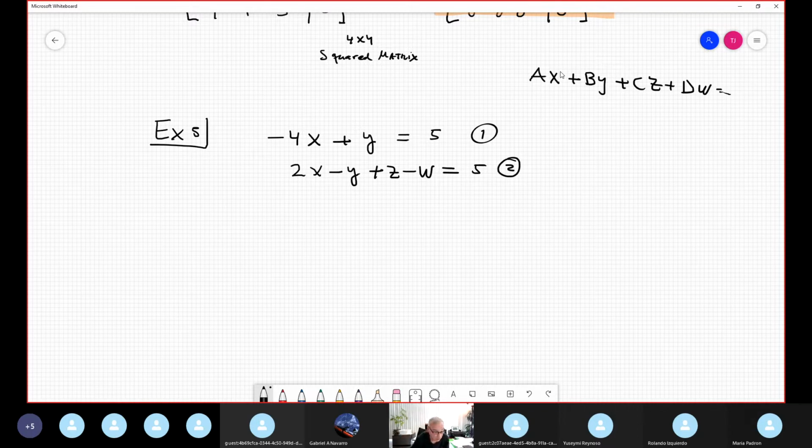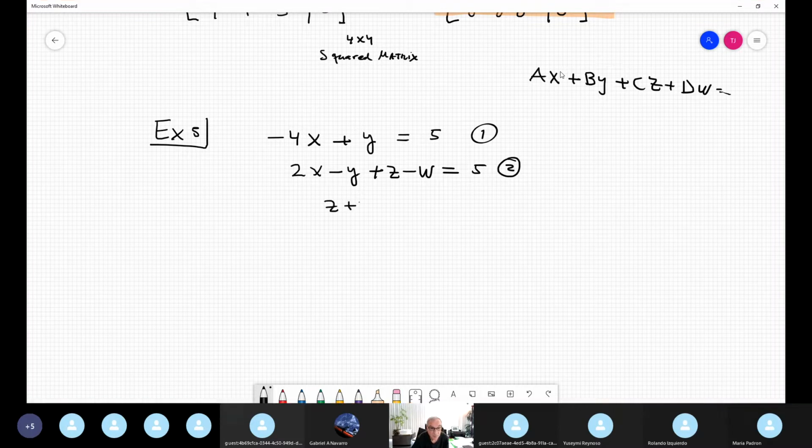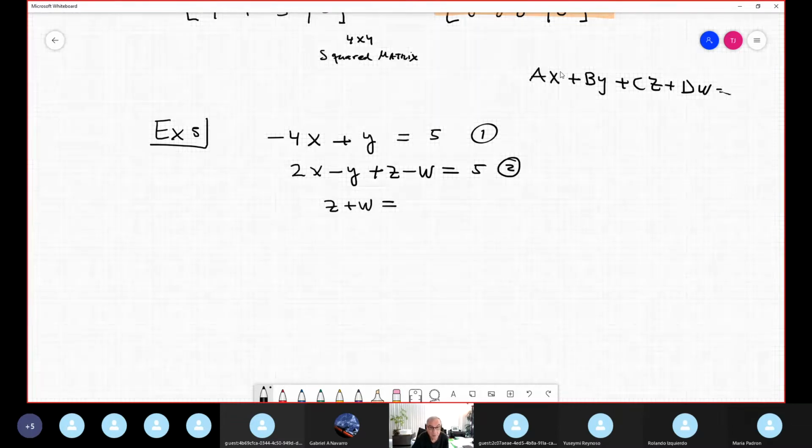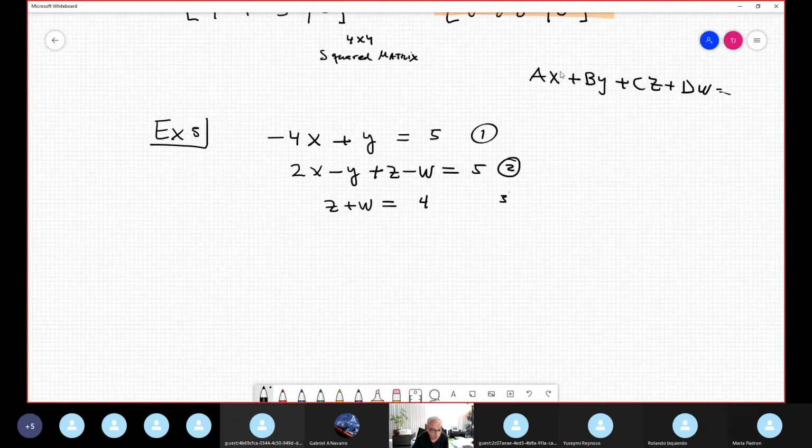Okay, but it is okay. So now the last equation is z plus w equal 4. Equation 3. Okay, this is my system. You need to investigate what's going on with that system.